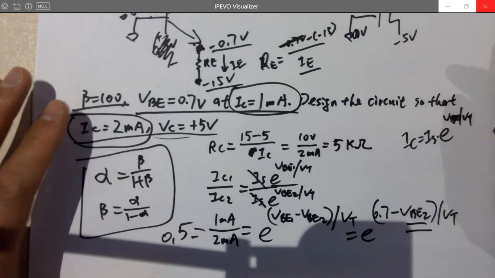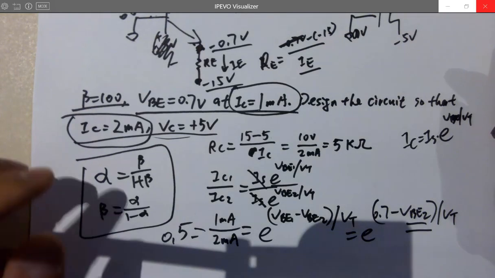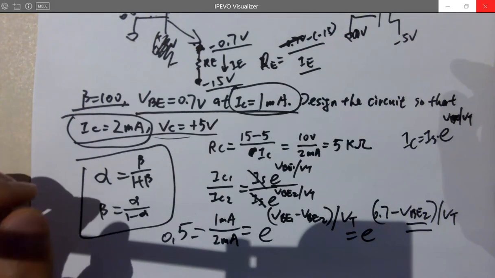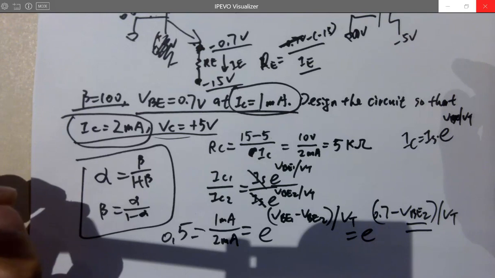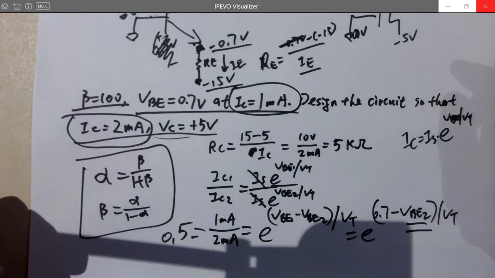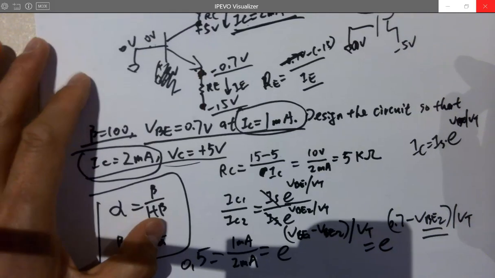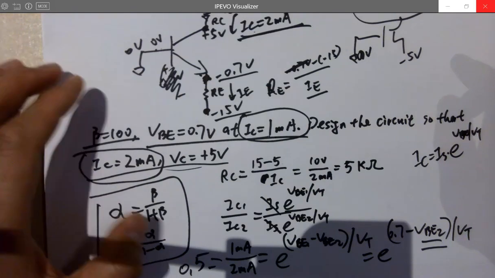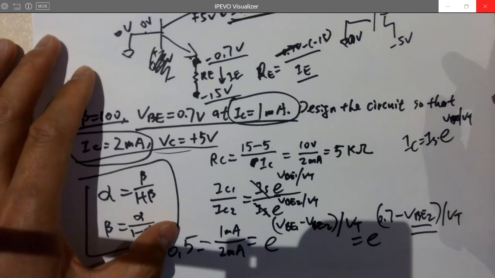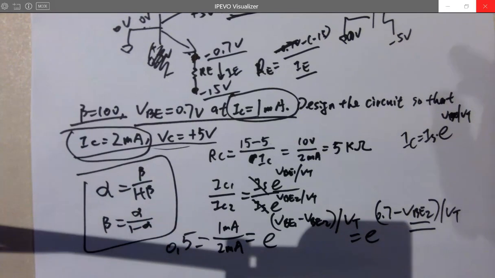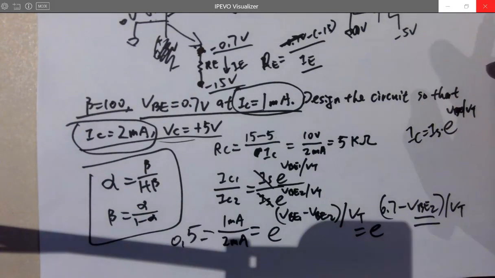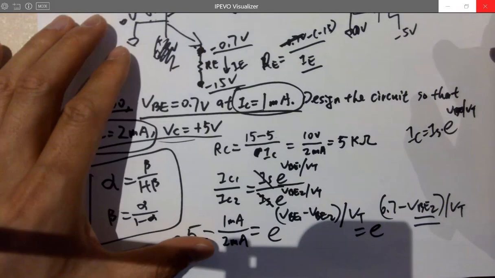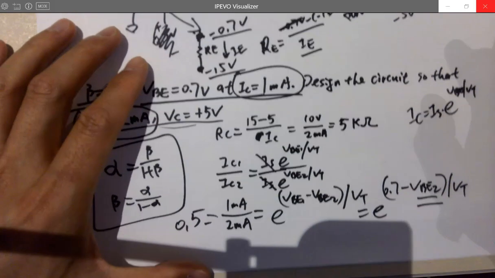So what is VBE? The voltage between B and E, right? Do you know VB? What's VB? 0. What's VE? Negative.